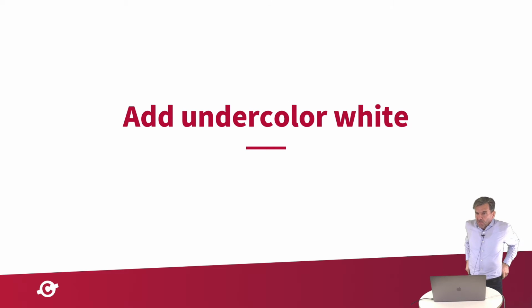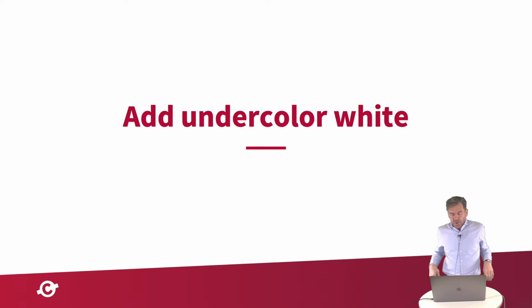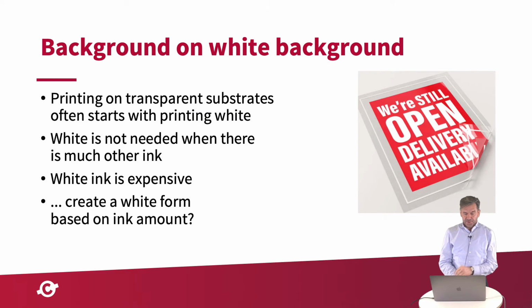Now we add undercolor white. How does it go and why do we want to do that? This feature is for everybody who wants to print on transparent substrates, on a foil or so.